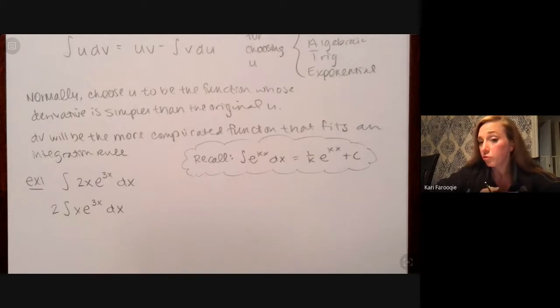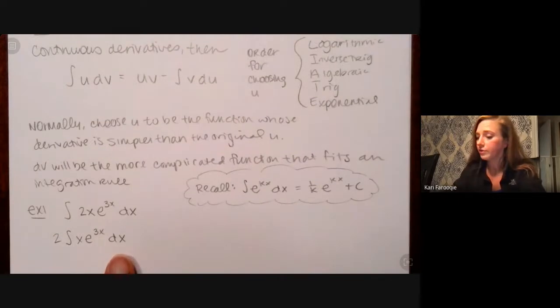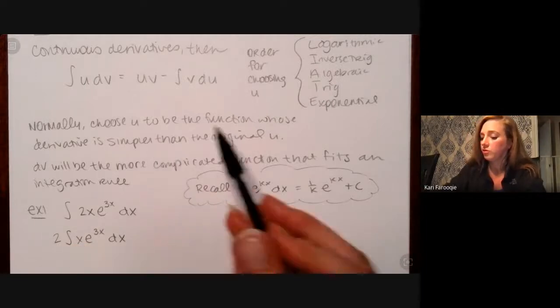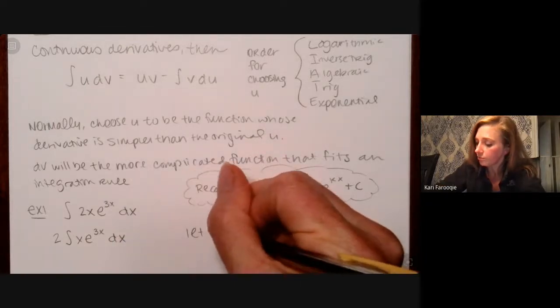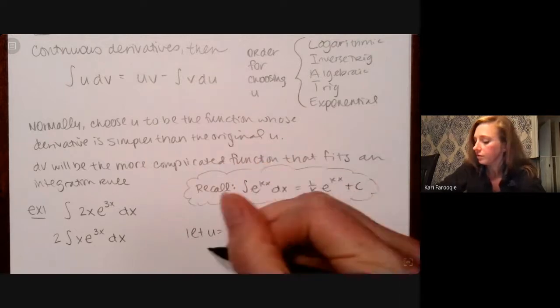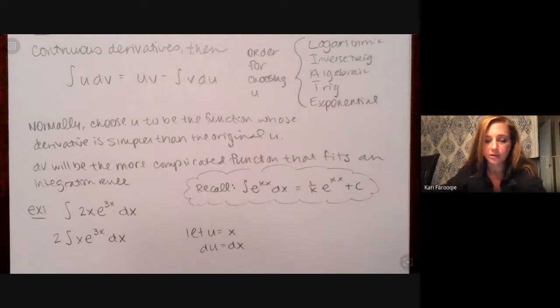According to LIATE, I'm looking for a logarithmic function, which I don't have, an inverse trig function, which I don't have, or an algebraic function. I do have that. That's the x portion. So this is very likely going to be my u. But thinking about my other note, u is going to be the function whose derivative is simpler than the original. If I let u be x, the derivative of u is just 1 dx. So that is definitely following that rule.